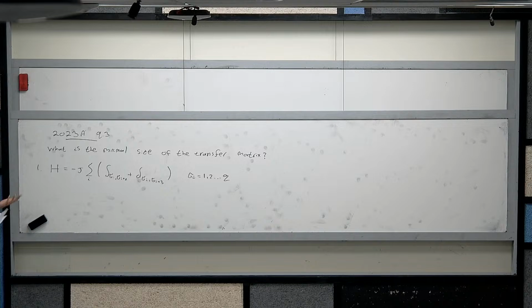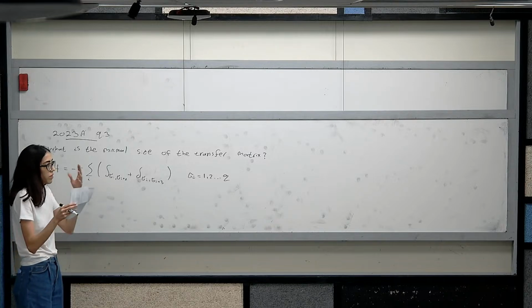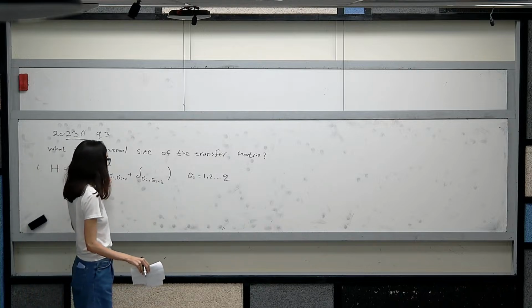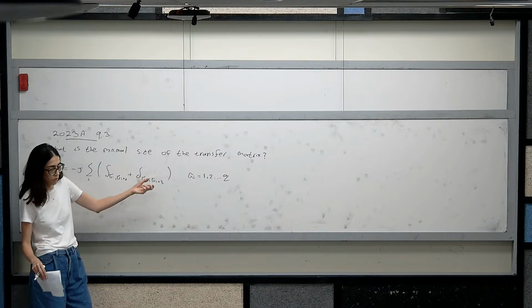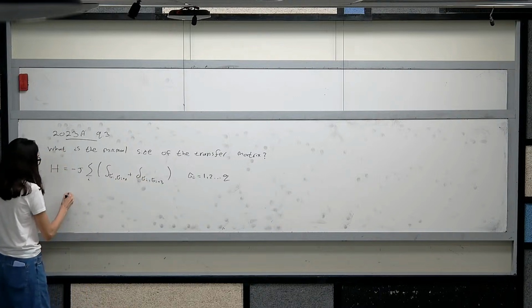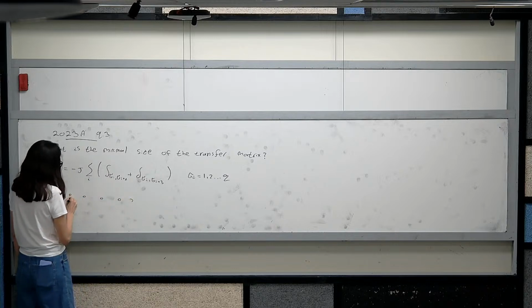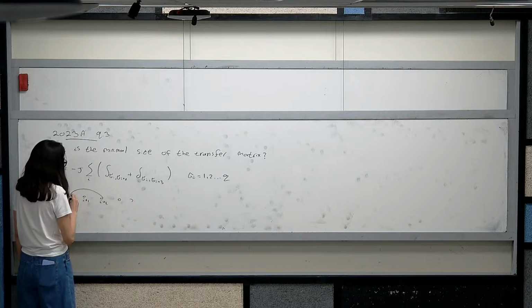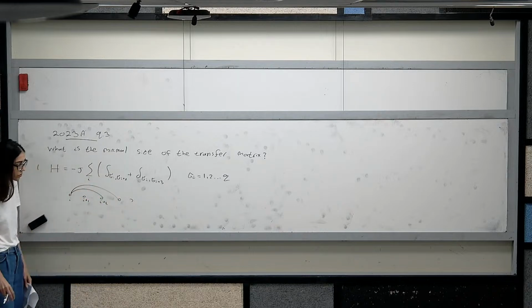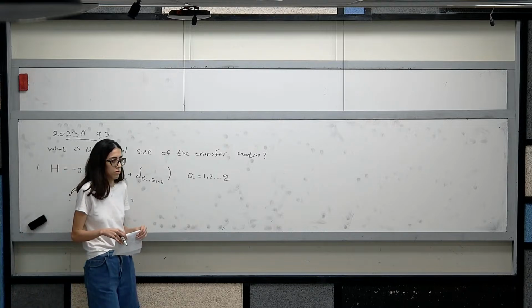We know that it doesn't matter if it's Ising model or Potts model or what the nature of the interaction is. What matters is that we have interaction between sigma i and sigma i plus 2 or sigma i plus 3. If this is the one-dimensional system, this is i, it's going to interact with i plus 2, and with this one. So what's going to be the minimal size of the transfer matrix?